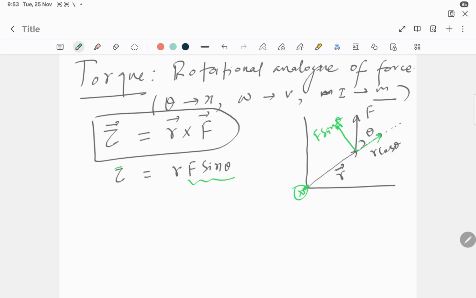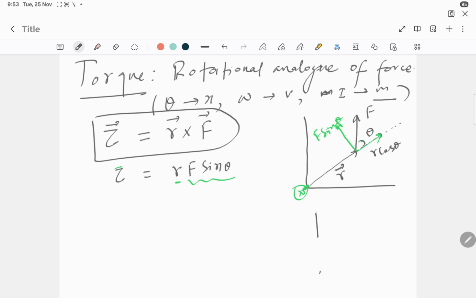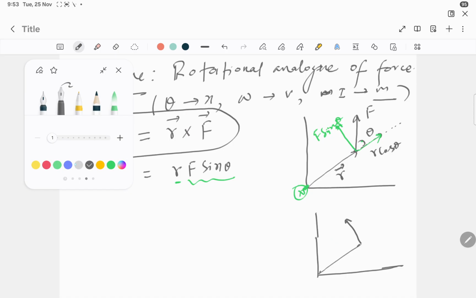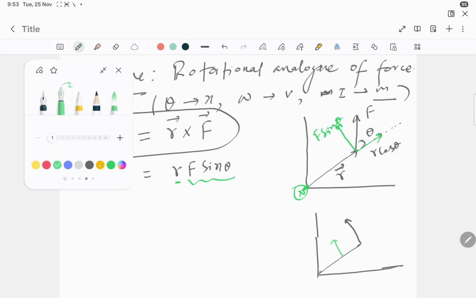Further, in this product, there is also r. The question may arise, why is r there? From our observation of many practical examples in everyday life, suppose we apply a force here, and we apply a force here, and we apply a force here.